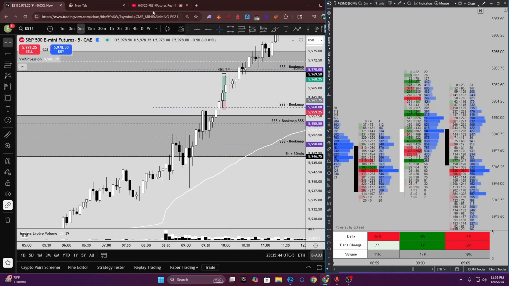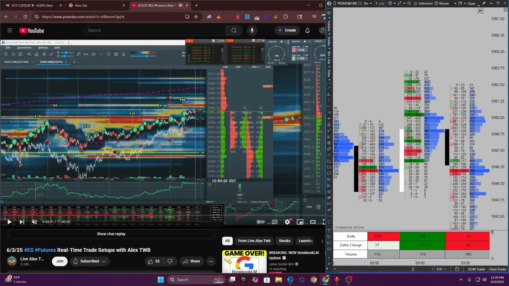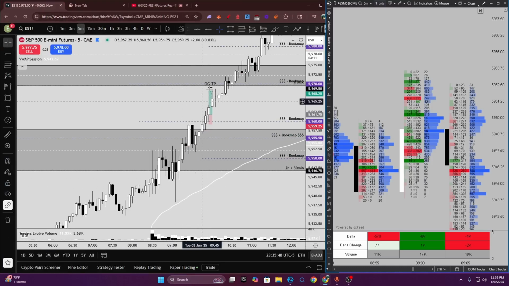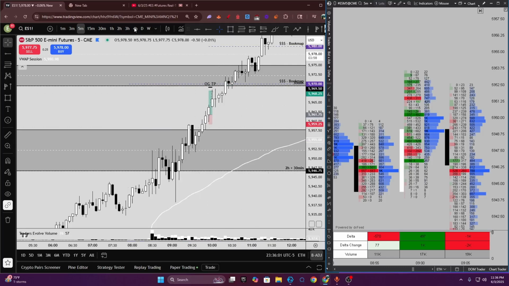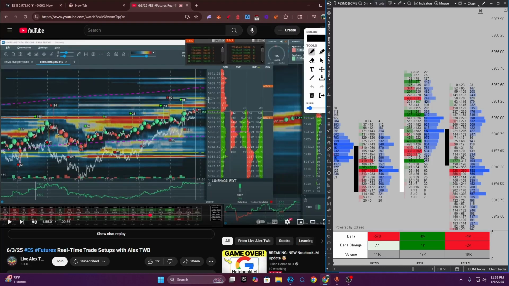But as we kept going, and as we kept showing bullish momentum, we broke through these zones, pushed through Bookmap liquidity. Lower liquidity did not even get close to. And then we just continued heading towards the upside. As you can see here, there is further liquidity here and here.